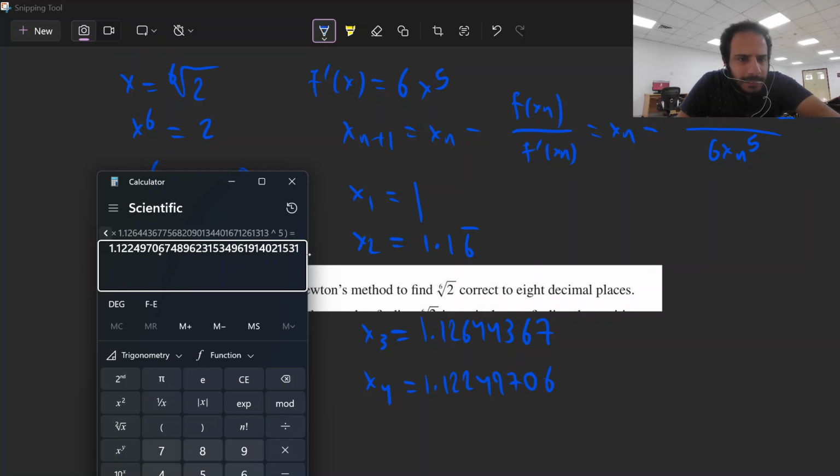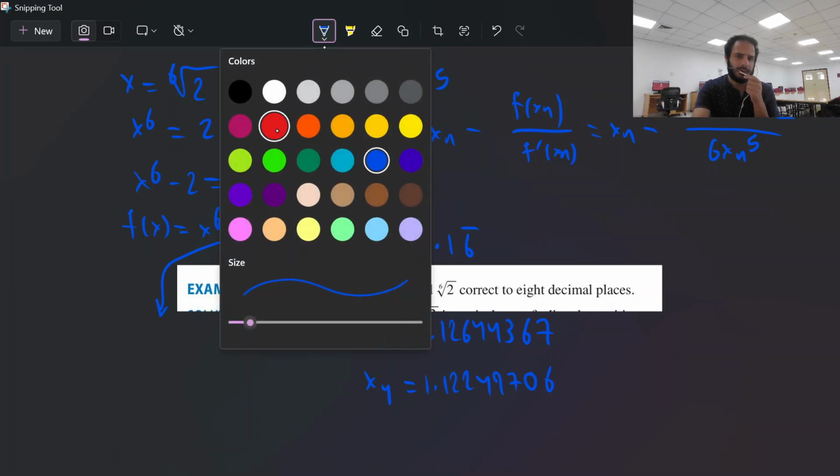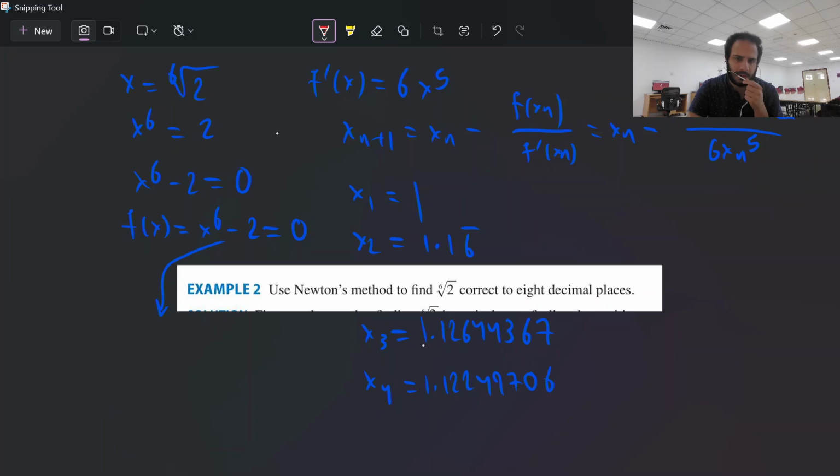Yes, it's correct. So now, which digits are correct here? What do you think? 1.12 is correct. Yes, thank you. So these are correct. These two we are not sure yet. We need to find more to see whether these two are correct or not.